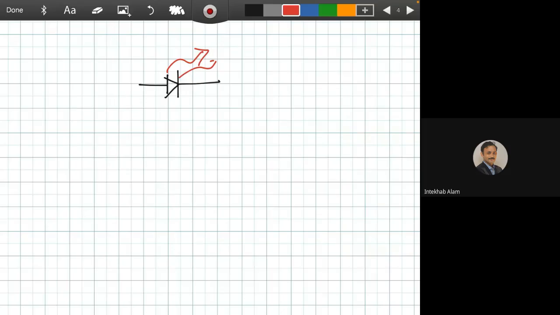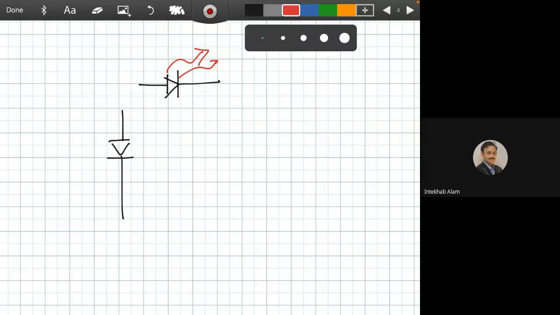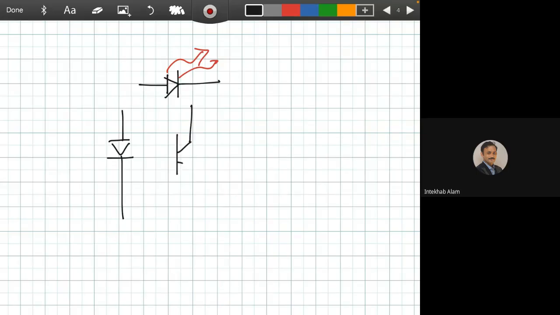There is light from the optical signal, and if the light is inserted onto the base of the transistor, what will happen?